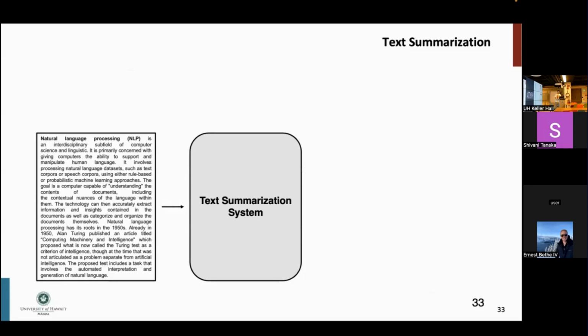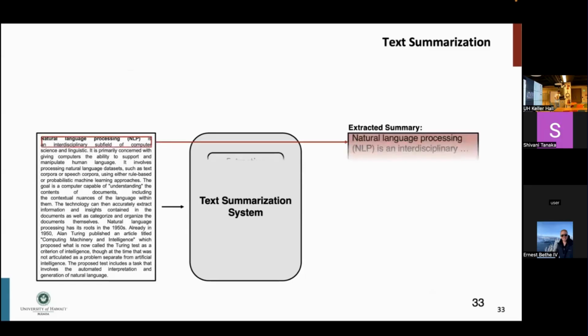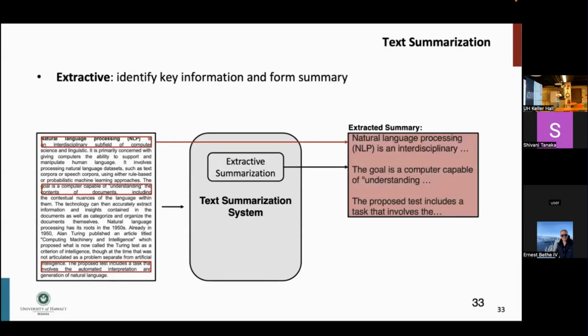In terms of the output side, we can categorize summarization methods into extractive and abstractive summarization. Extractive summarization is where we directly take important sentences from the original document, and we form a summary with those extracted sentences.